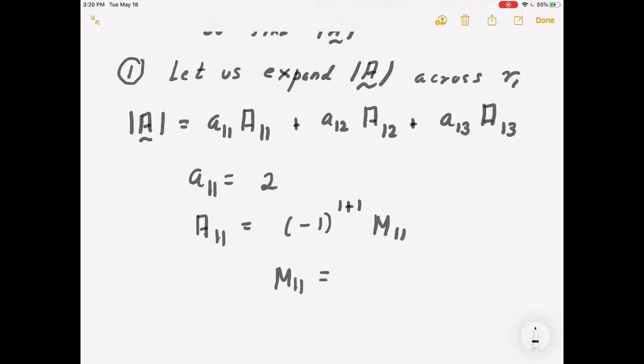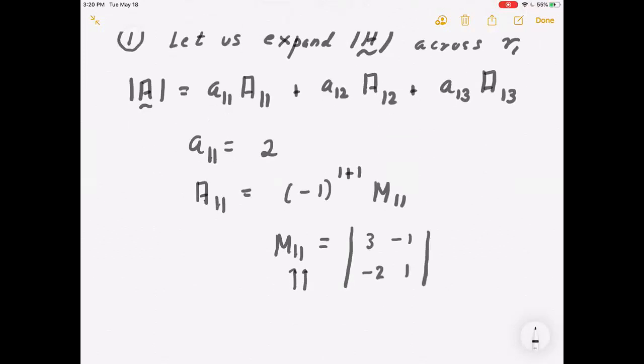What is the minor M sub 1,1? You go back to the original matrix A, you strike out the first row and the first column, and then you're left with a 2 by 2 matrix, and you take its determinant. You should verify that that is exactly what you get when you strike out the first row and column from the coefficient matrix. This is a straightforward determinant to evaluate.